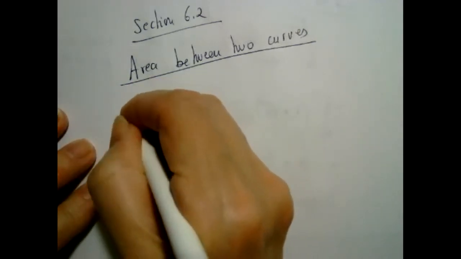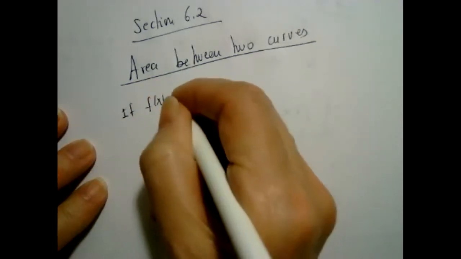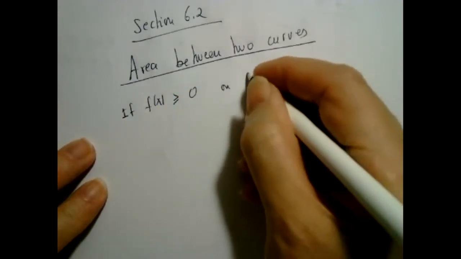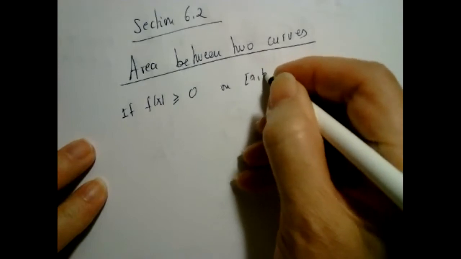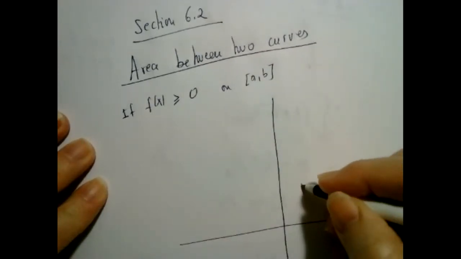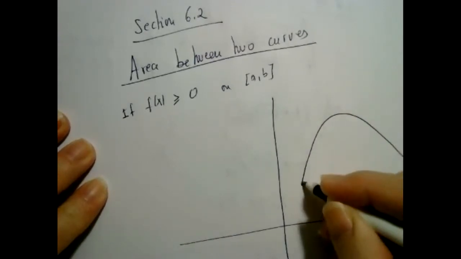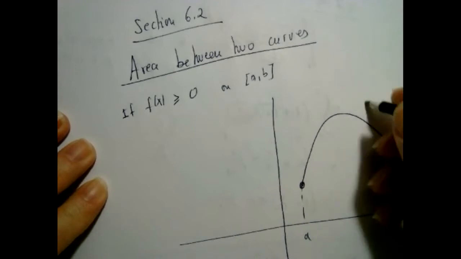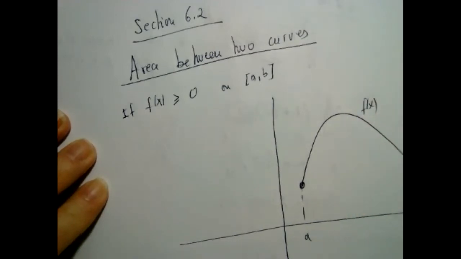If a function f of x is positive on an interval [a, b], that's the picture we're familiar with. This is a function, it is positive, and that's crucial here. That's a, this is b, and this is my function f of x.